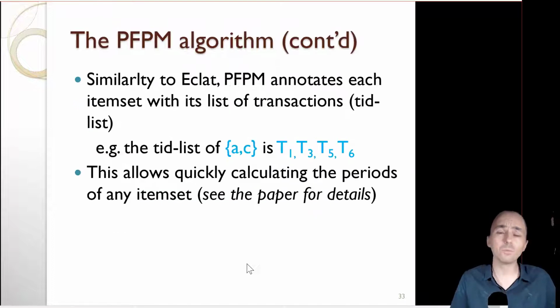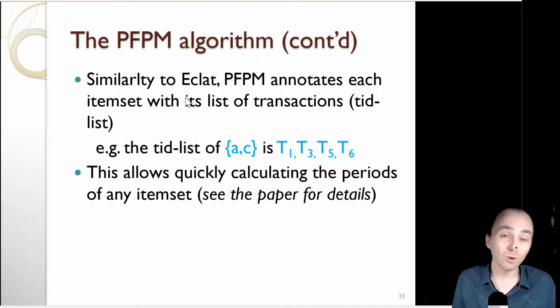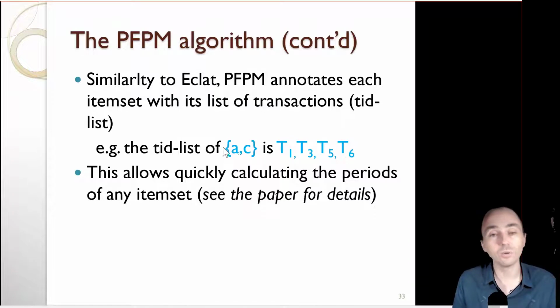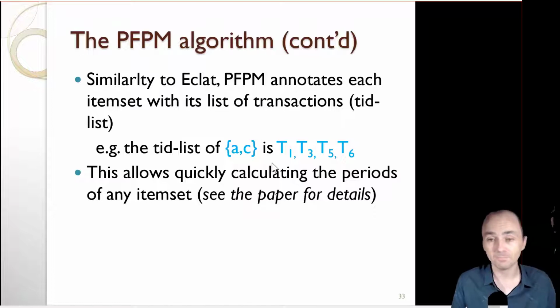So PFPM is based on ECLAT. If you know about ECLAT, for each item set like AC, we have a list of transactions. AC appears in T1, T3, T5, T6. So this is like in ECLAT. Having this list of transactions, we can quickly calculate the periods and then find the periodicity.